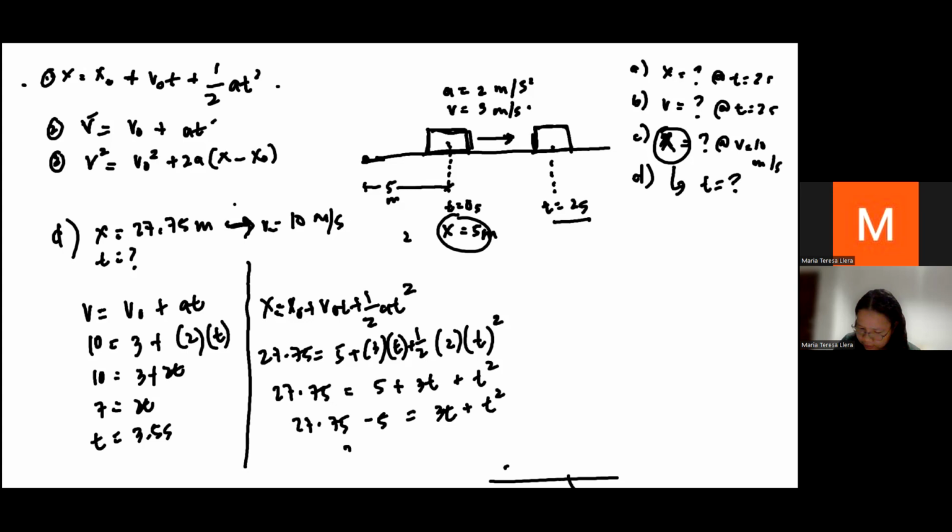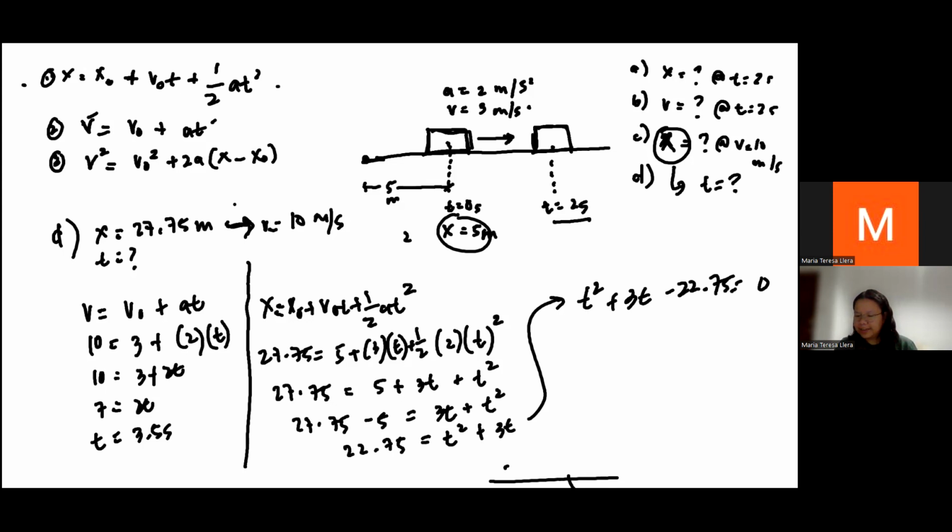So 27.75 minus 5 is 22.75. So you're actually left with a quadratic equation, which makes your life a little bit more difficult.